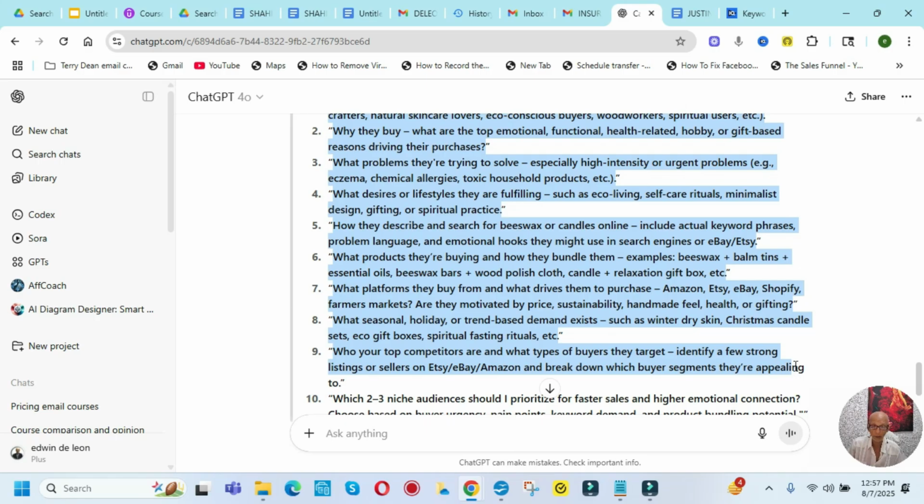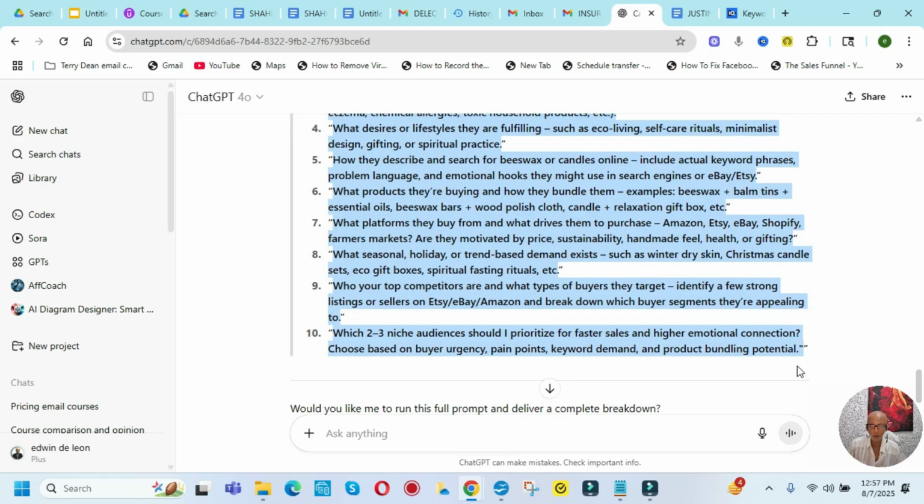How they describe and search for beeswax or candles online, include actual keyword phrases, proper language, and emotional hooks they might use in search engines or eBay or Etsy. What products they're buying and how they bundle them. Examples: beeswax plus balm tints plus essential oils, beeswax bars plus wood polish cloth, candle plus relaxation gift box, etc. What platforms they buy from and what drives them to purchase: Amazon, Etsy, eBay, Shopify, farmers markets.